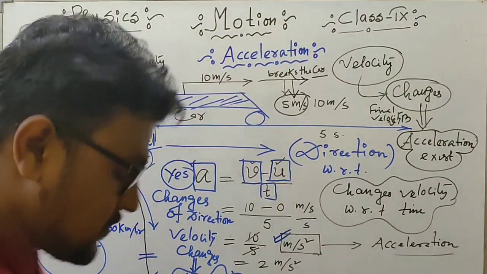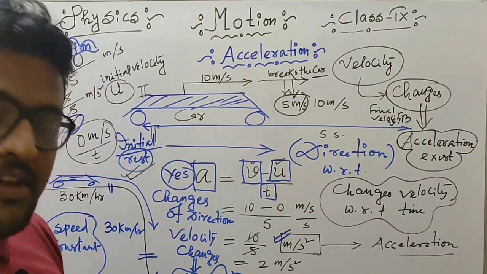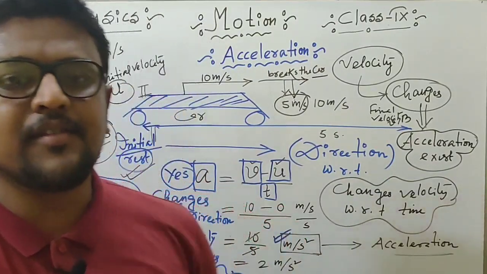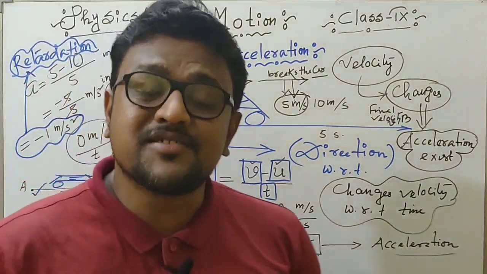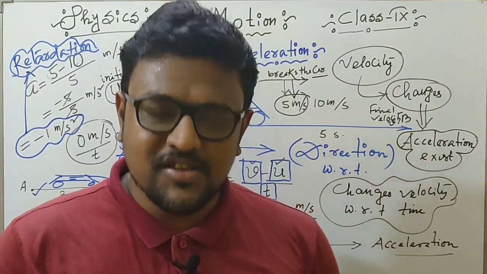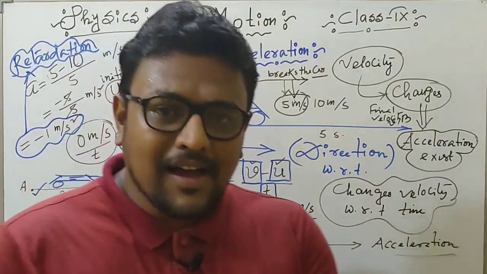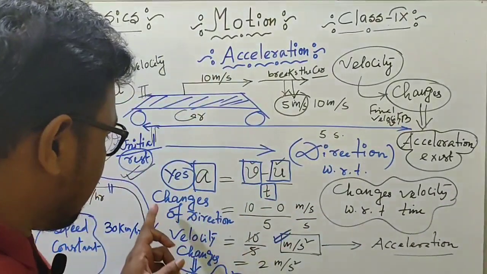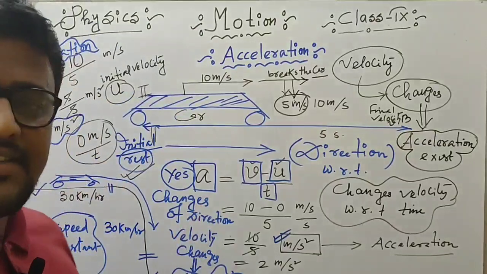Right? So what did you learn today? Acceleration means change in velocity over the time taken. That means when a stationary object travels a certain distance with respect to time, the velocity changes, either the speed changes or the direction changes. Then velocity changes.